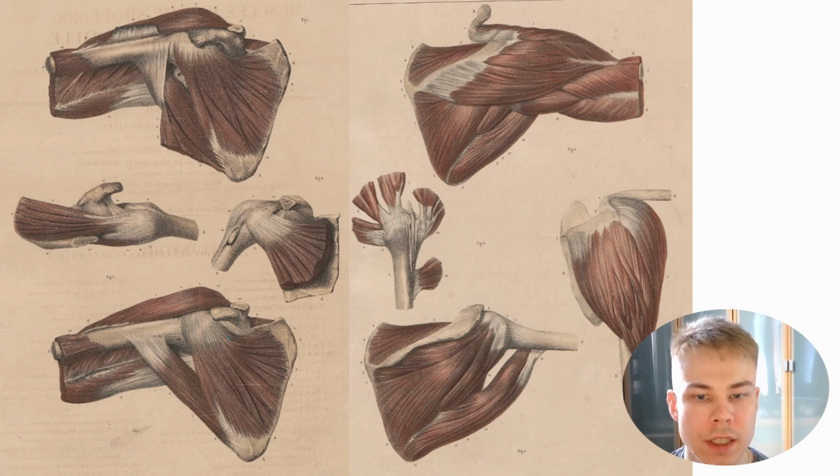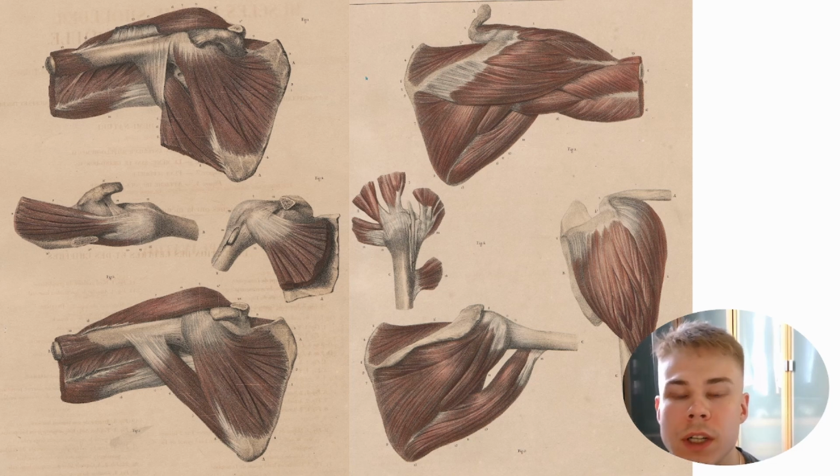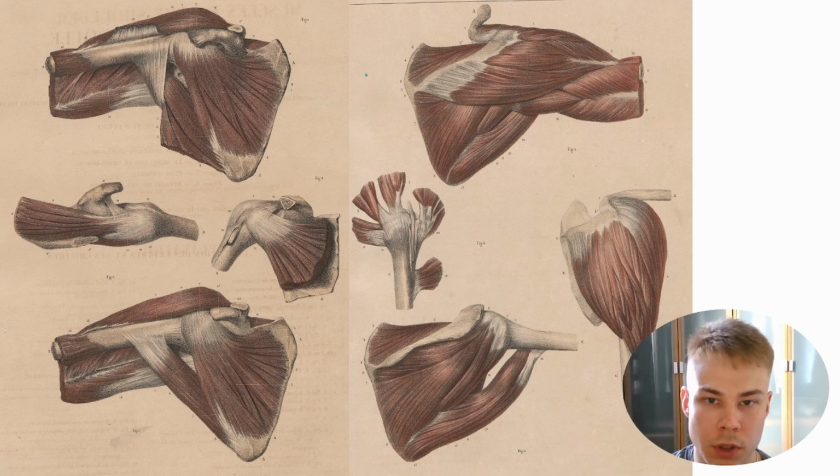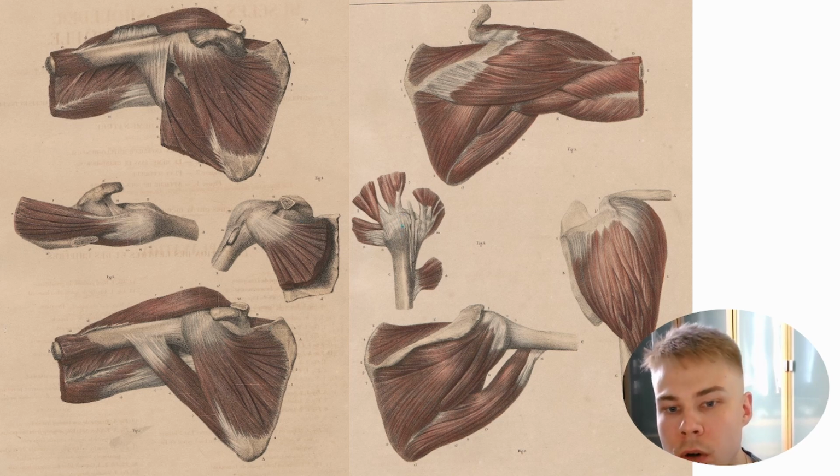And what it does is it performs internal rotation of the shoulder and pulls the humerus into the glenoid fossa. Then we've got supraspinatus here and here, which is the muscle that originates from the supraspinous fossa, so the fossa above the spine of scapula, and it goes through and dives below the acromion, and inserts into the superior aspect of the greater tubercle.